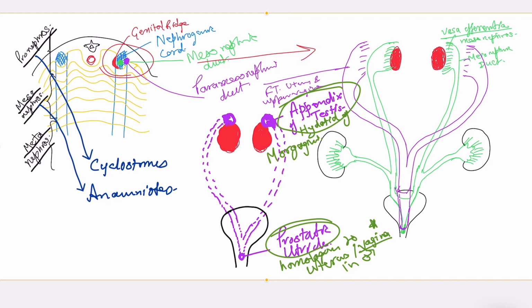While the definitive kidney, the functional kidney which persists throughout life in human beings, is the one which is developed from the metanephros. But in humans, during embryonic life, the kidney also forms from the pronephros, then from the mesonephros, and the final one, which is going to stay lifelong, is formed by the metanephros.